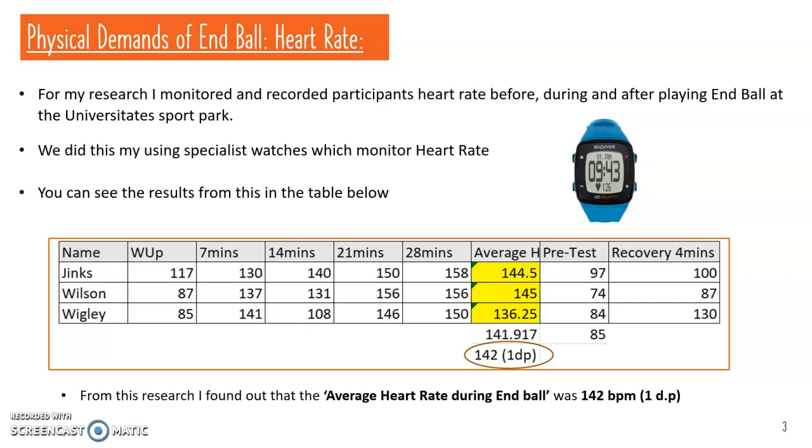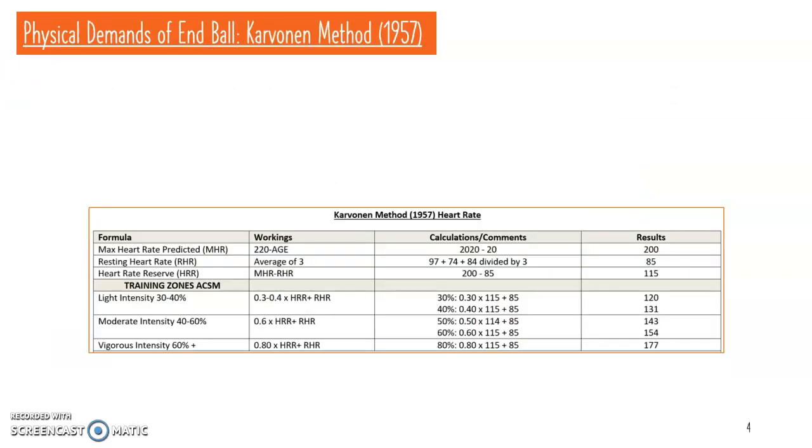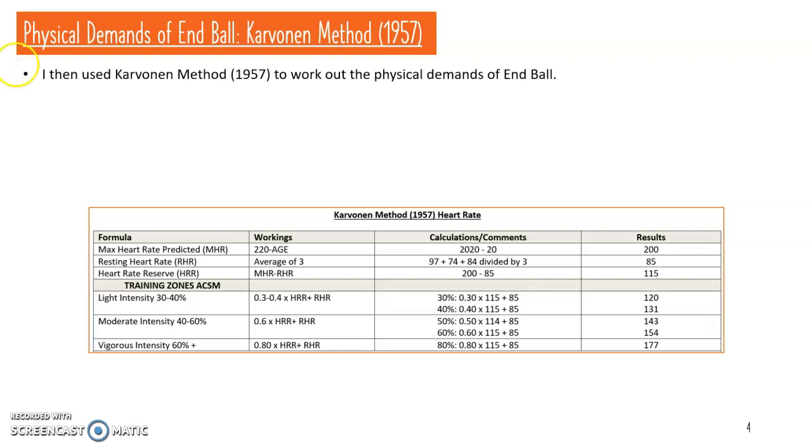And from this research, I found that the average heart rate during endball was 142 beats per minute, rounded to 1 decimal place. So, I then used Cavron's method 1957 to work out the physical demands of endball.